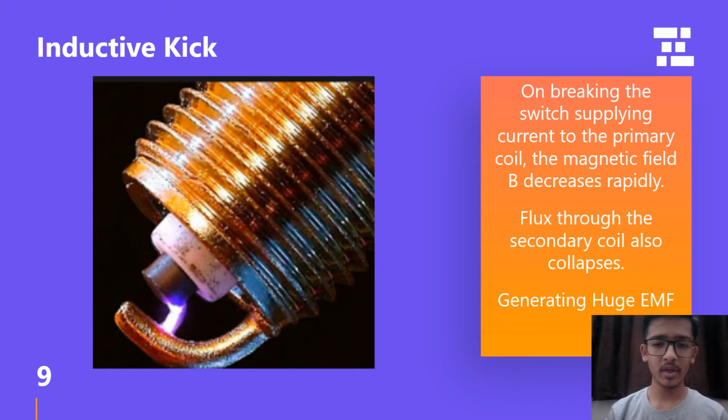Due to this, the magnetic flux starts collapsing, and due to this collapse in magnetic flux, a huge amount of EMF is generated in the secondary coil, which drives the current through it, and the voltage difference between the grounded electrode and the electrode connected to the secondary coil is very high, and this is sufficient to ionize the air between them and conduct electricity through air, which is supposedly a bad conductor of electricity. And this spark is what ignites the fuel mixture, which is petroleum based or gasoline, creating the explosion needed.